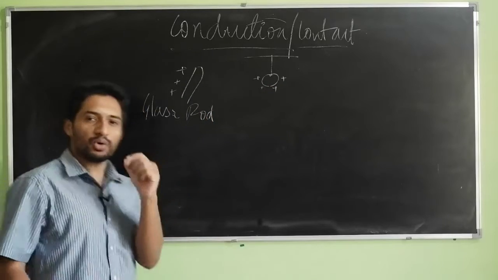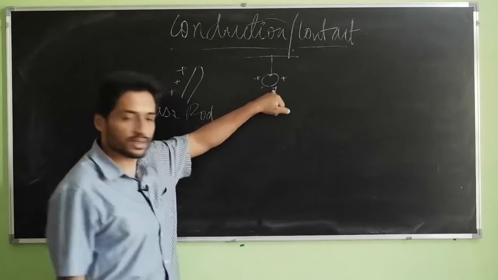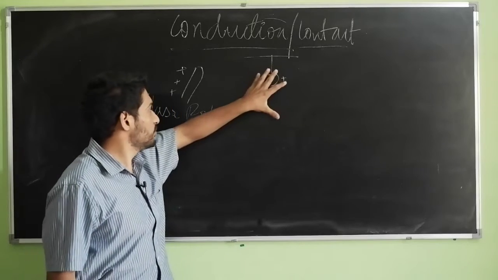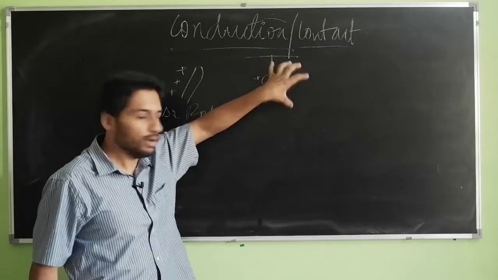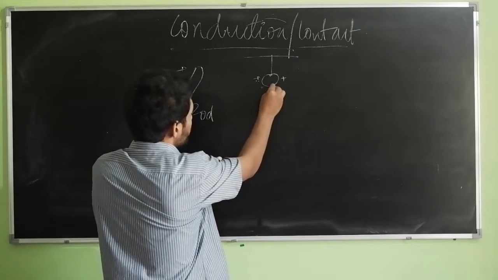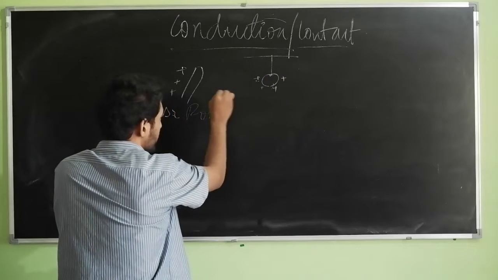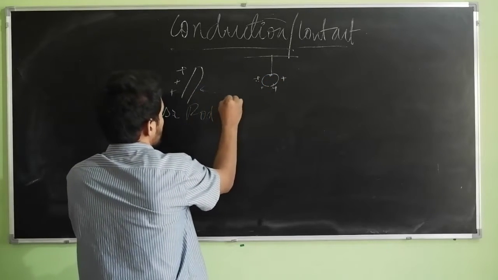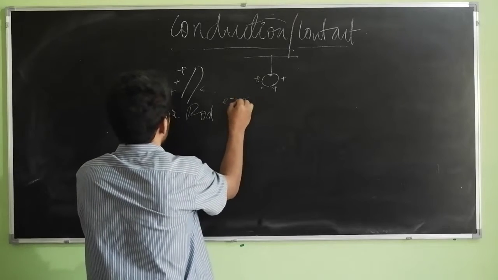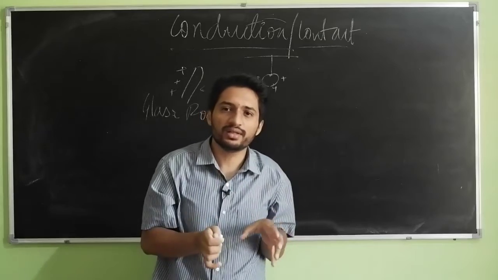Now remember what happens in conduction. The glass rod is touching the pith ball, which was firstly neutral. Upon touching, a few of the electrons of the pith ball come to the glass rod, because electrons are the free ones that can move.